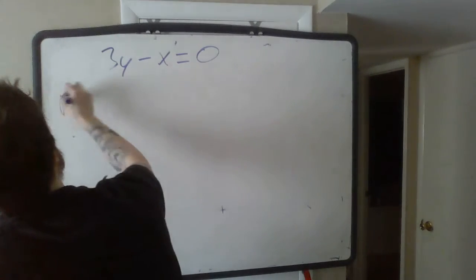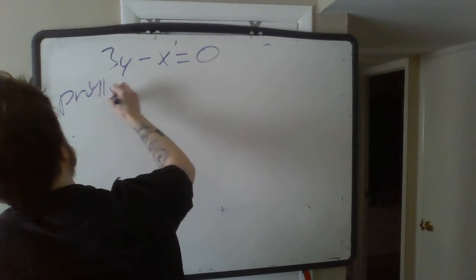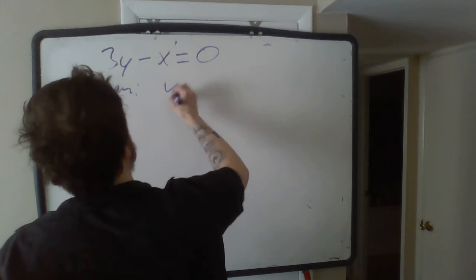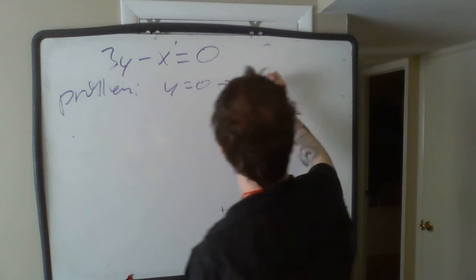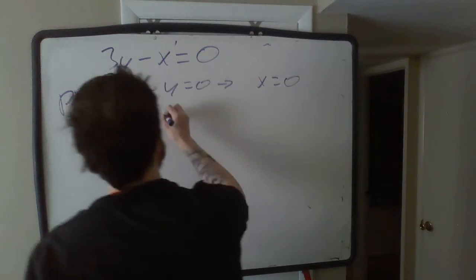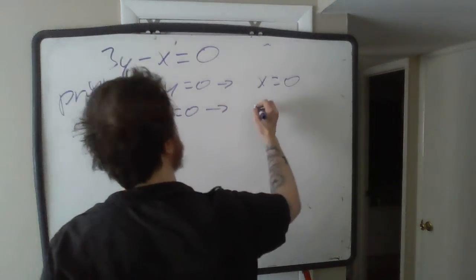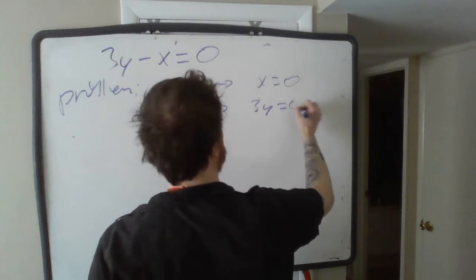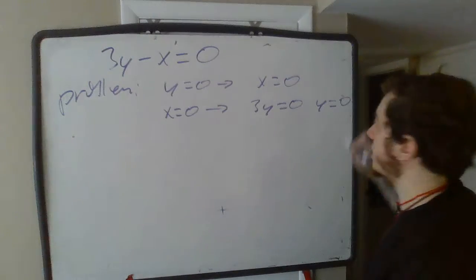Well, the problem is that when y is equal to 0, we get x is equal to 0. And when x is equal to 0, we get 3y equals 0, or y equals 0.